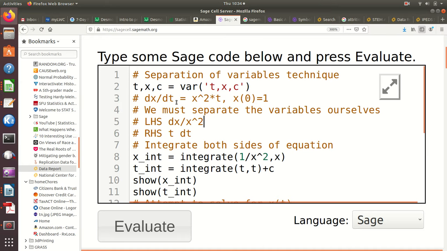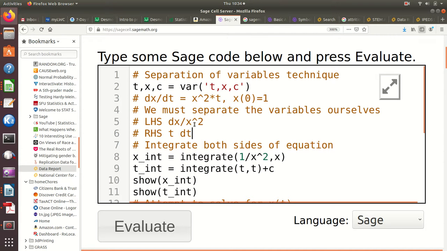Or again, the way many people think about it, although it's incorrect, is that all we've done in separating the variables is take this dt and multiply both sides by it, so that's why we end up with the t dt here and the dx over x squared on the left hand side. Again, that's actually incorrect, but from an intuition standpoint it's not a bad way to go.